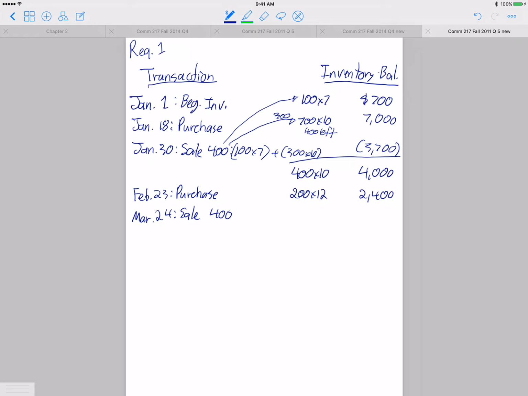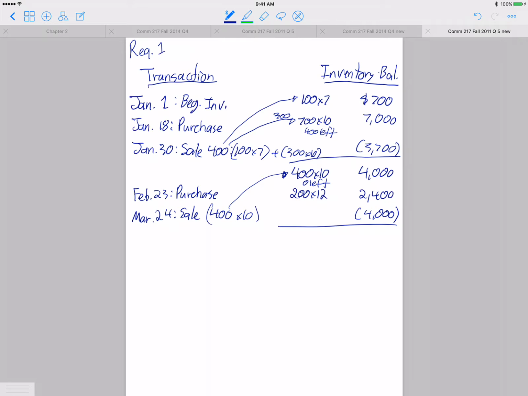And the 400 units we're going to take is the 400 units that were left from the January 18th purchase. Therefore, these 400 units at $10 each, reducing it by 4,000. Therefore, this is zero left. Zero inventory left of that purchase.